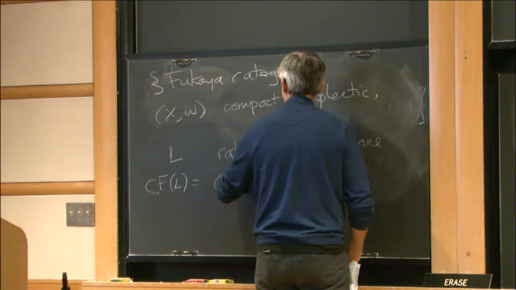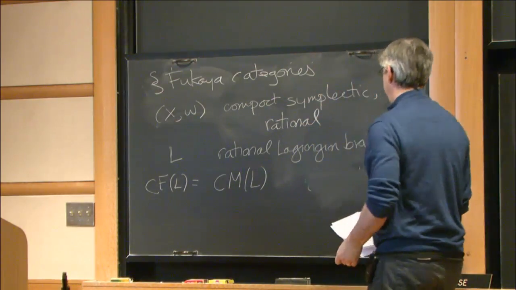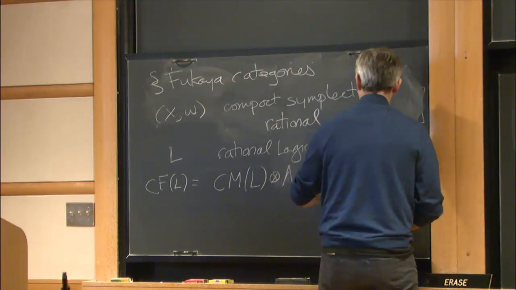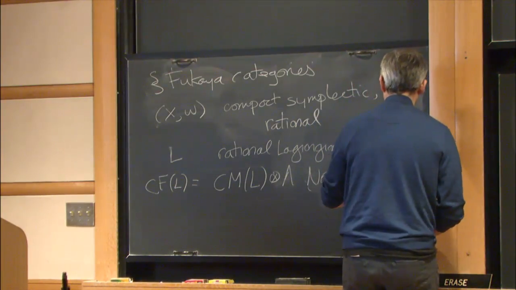So I get the Fukaya algebra just by taking the Morse complex and tensoring with some Novikov field. I'll take the universal Novikov field.